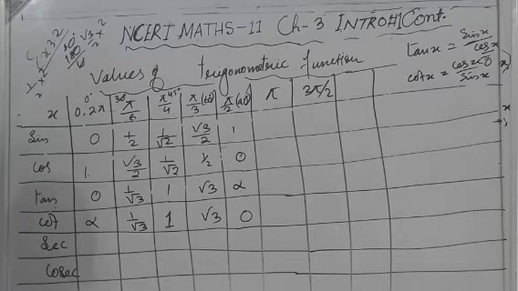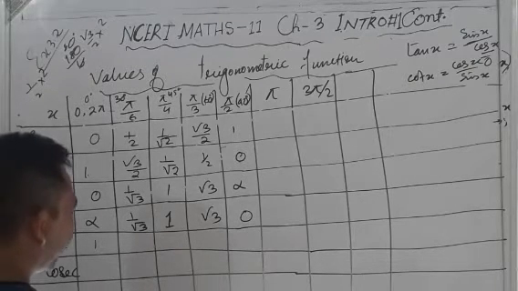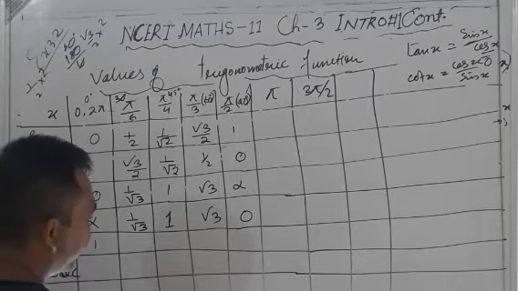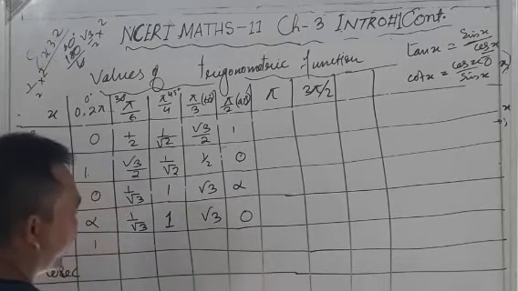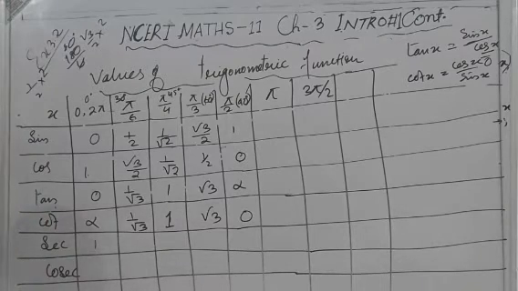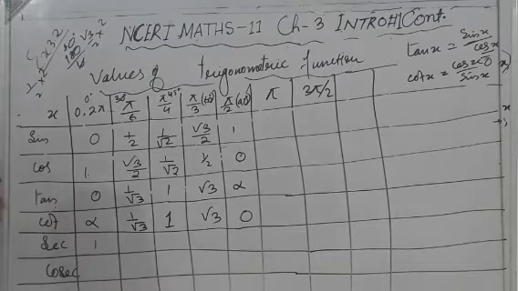Sec x is 1 only. Why? Because sec x equal to what? 1 by cos x. That means cos x equal to what? At 0 degree it is 1. So it will be 1 only. Correct?